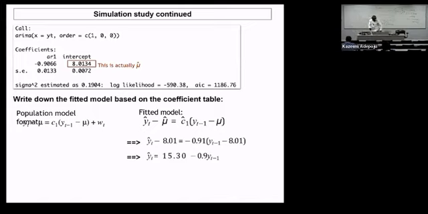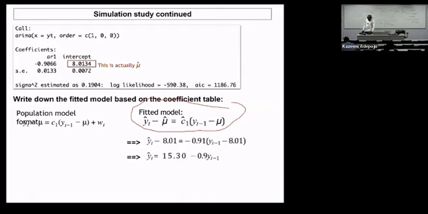I'm talking about this one here. If you want to write your results, if you want to write a fitted model for AR1, that is what you're going to use.